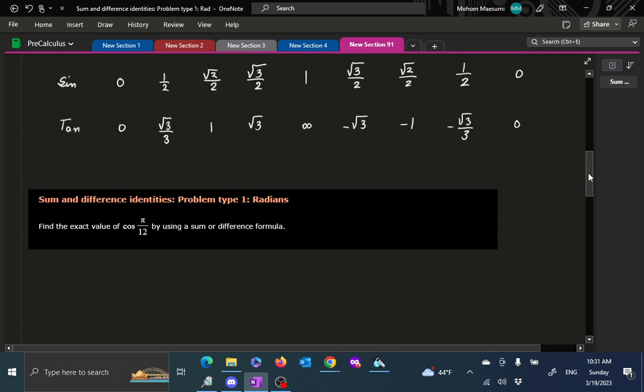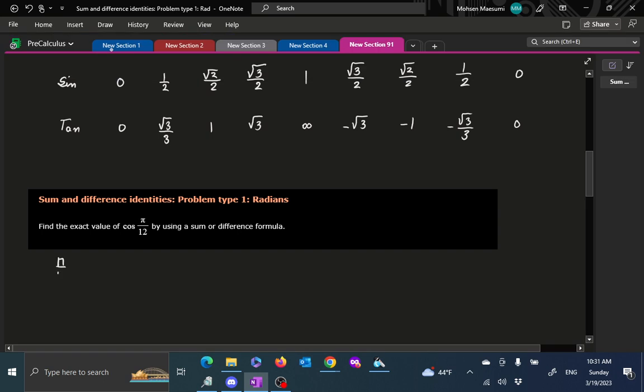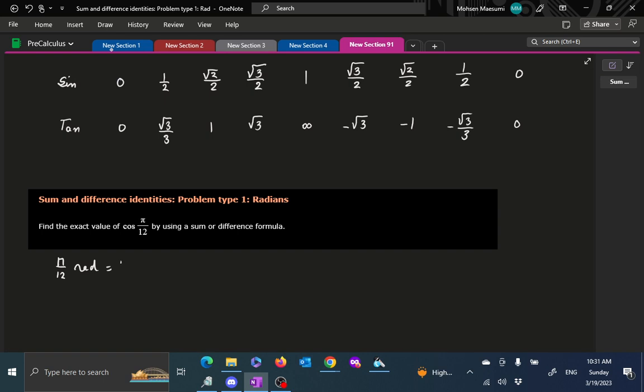So option number one is to say pi over 12 radians is same as 15 degrees. So cosine of pi over 12 is same as cosine of 15 degrees.